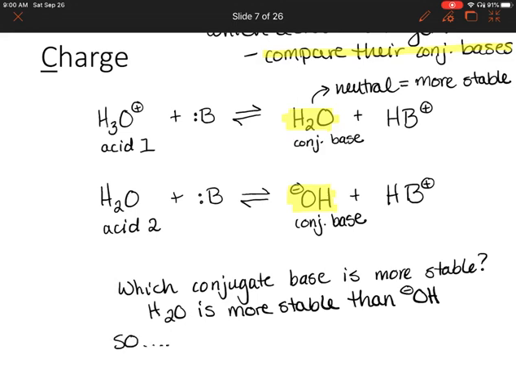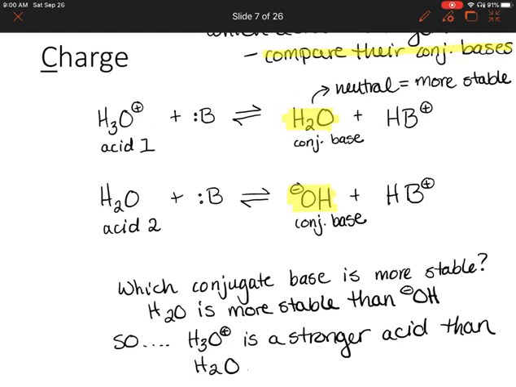So H3O plus is a stronger acid than H2O. Okay, so if that doesn't quite click, that's okay.